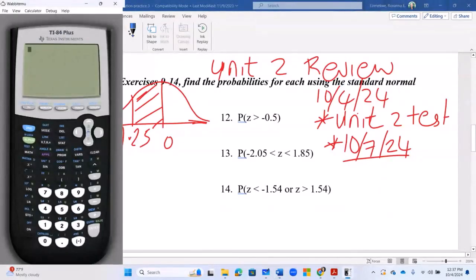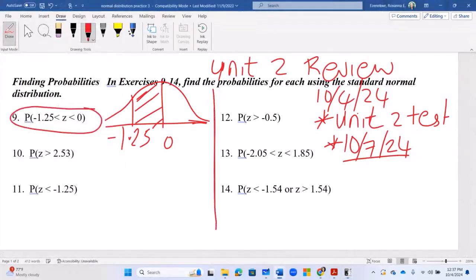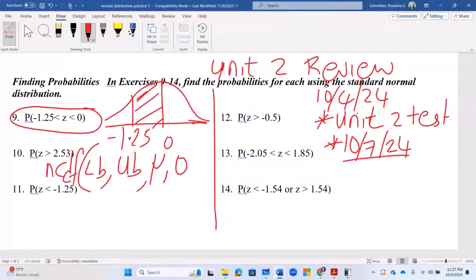The argument is going to be find the area, because this area uses normal cumulative density function, lower bound, upper bound, the mean, and standard deviation. This data is already standardized, so it's not raw data. The mean of a standardized normal curve is 0, and the standard deviation is 1.